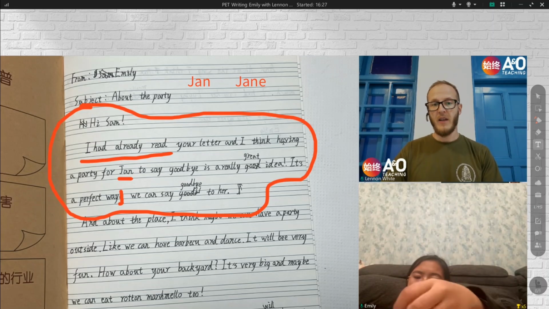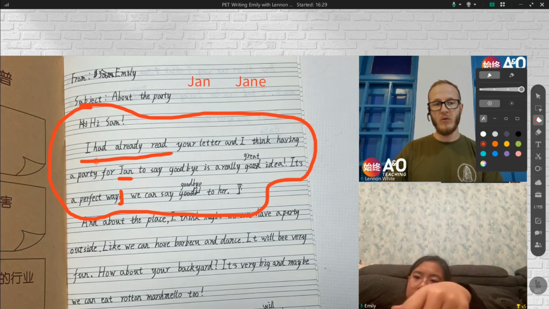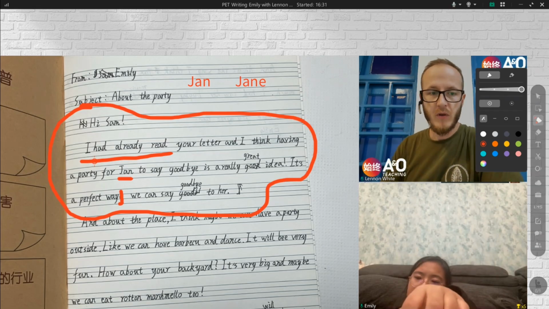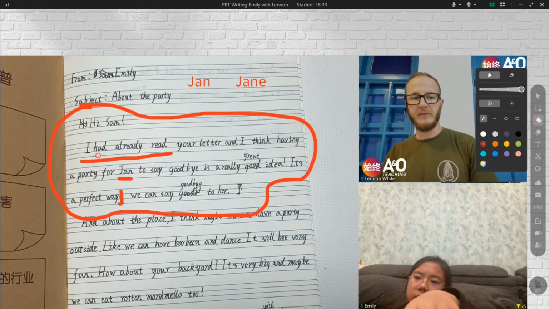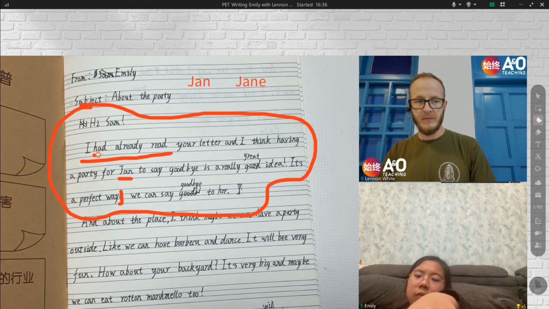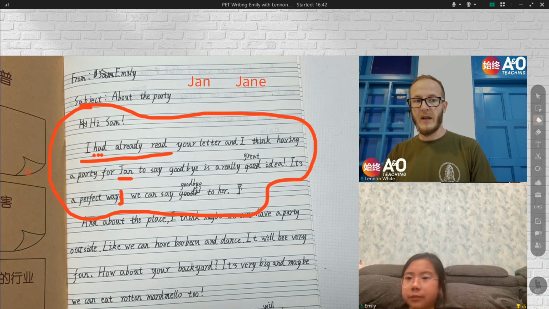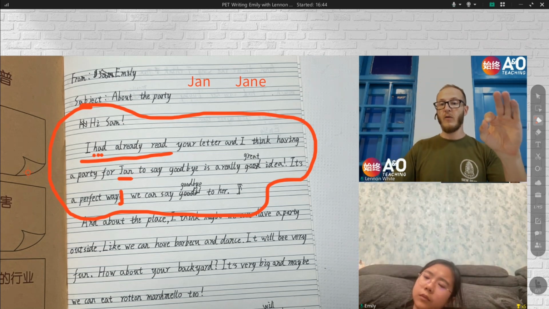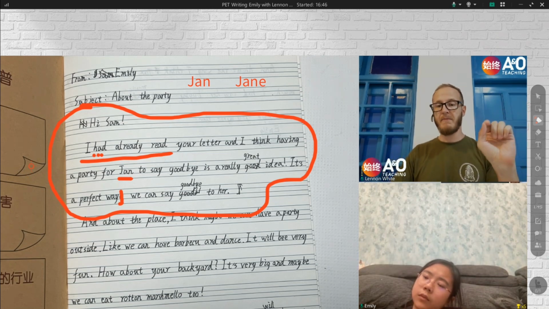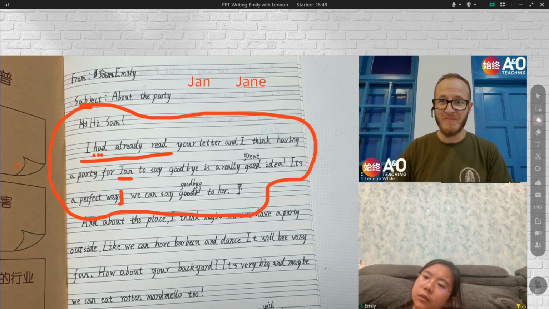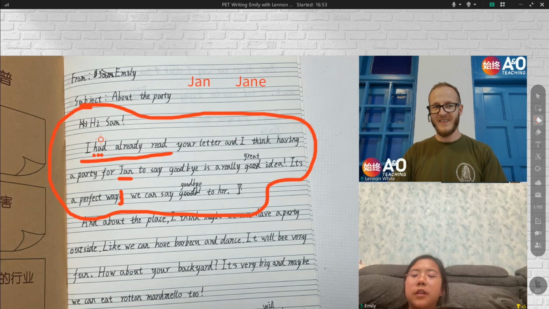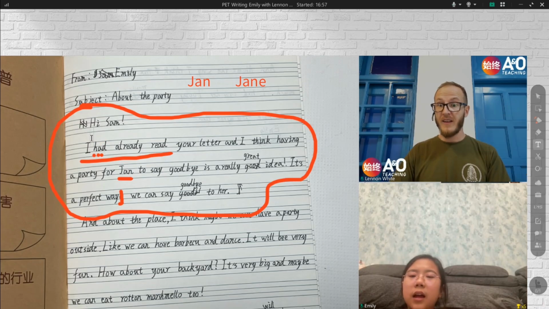Okie dokie. So the point here is that we can just use past simple or something we call present perfect. If we want to use present perfect, how are you going to change it? "I already read your letter" would be past simple. But do you know present perfect?